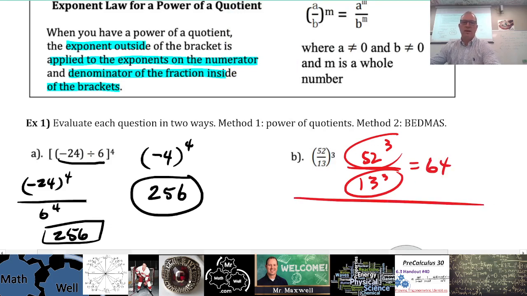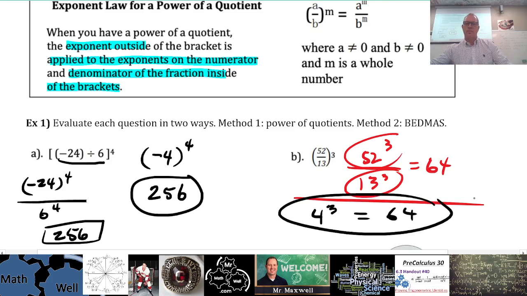If we evaluated that using BEDMAS, 52 divided by 13, when I see 52, I think of a deck of cards. There's 52 cards in a deck of cards, and there's 13 of each suit. So there's 4 suits in a deck of cards. So 52 divided by 13 is 4. So that's 4 to the power of 3, which is 64.